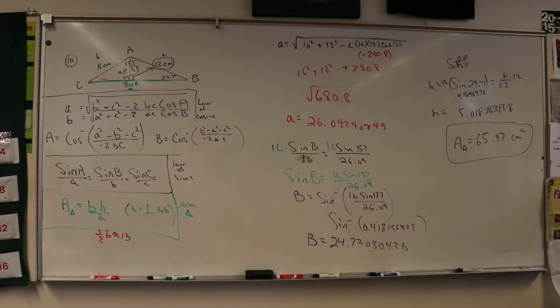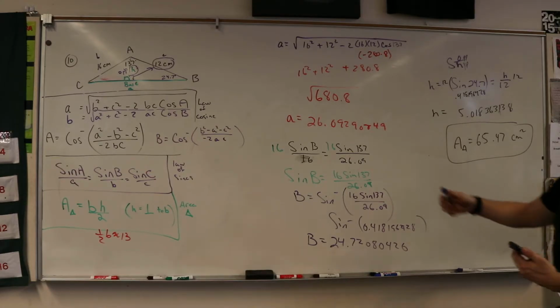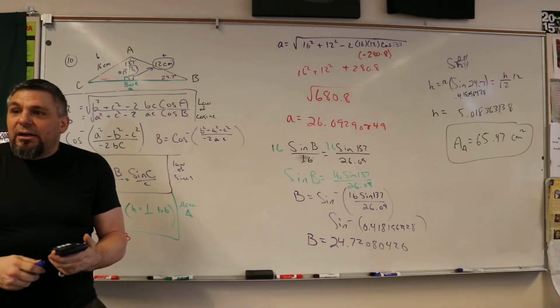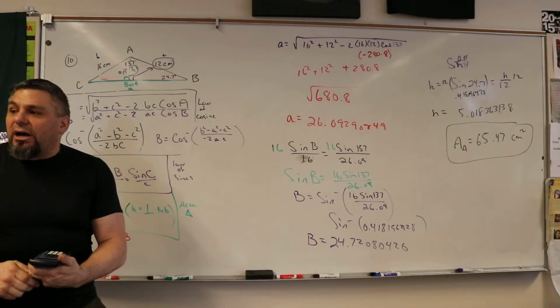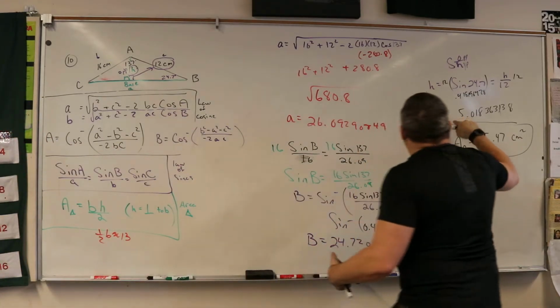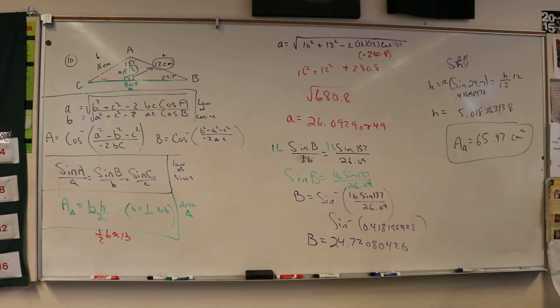Okay? So, think about this. Think if we just had this as 16, right? And so then we did 26, and then we said 13. What's 13 times 5? 65.